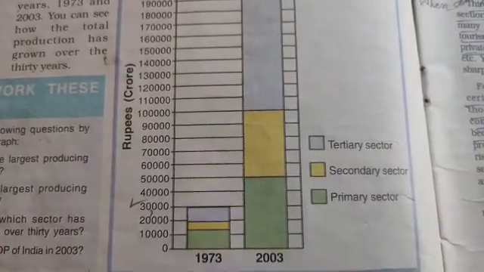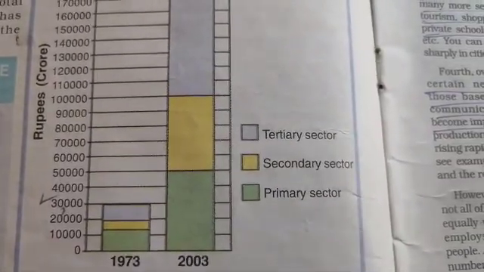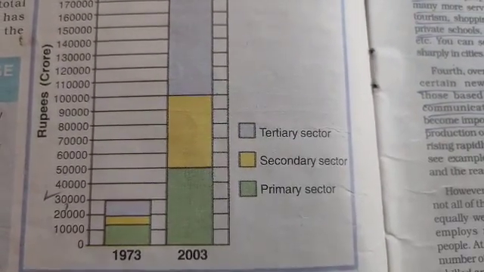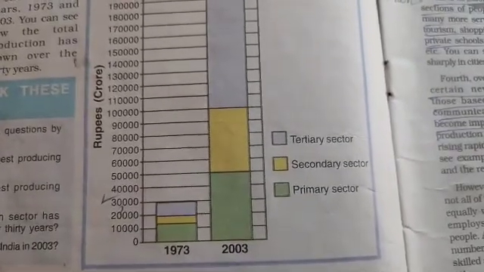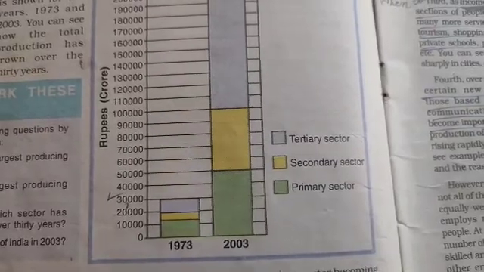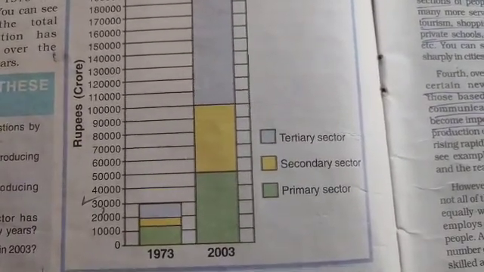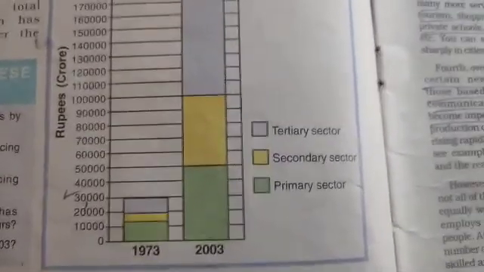This data is provided for two years: 1973 and 2003. So you can compare the importance and dominance and the largest sector in the year 1973 compared to 2003. Children, look at this.